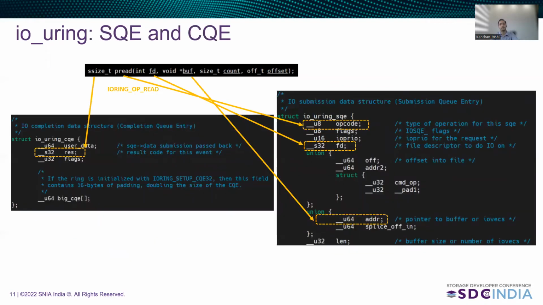Now, this is an example of how a sync call, in this case pread, is mapped to io_uring SQE and CQE. The right-hand side is the structure of the SQE.